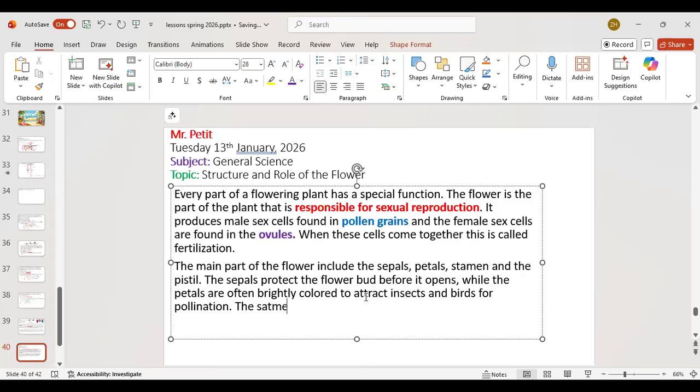The stamen is the male reproductive part. And the pistil is the female reproductive part.